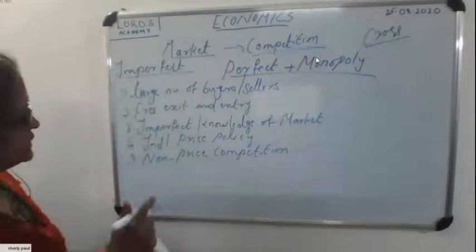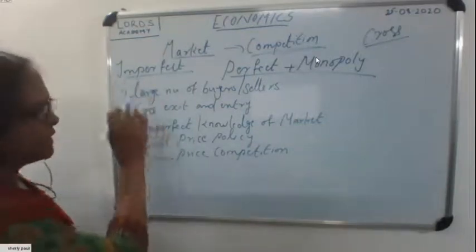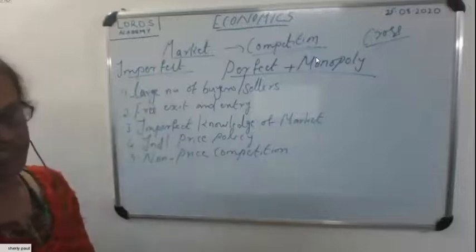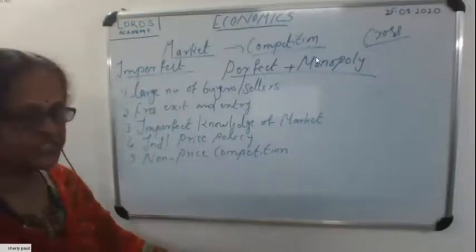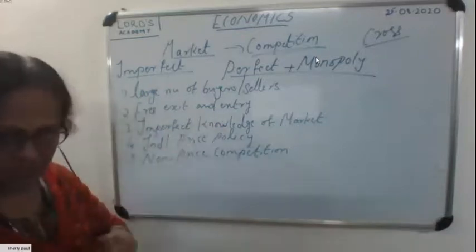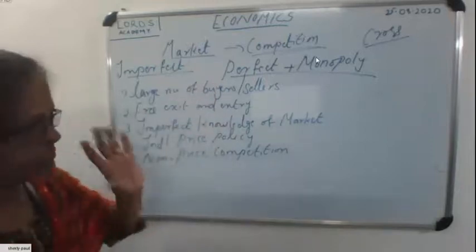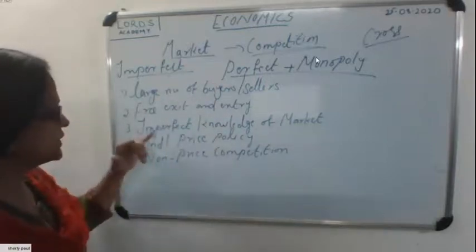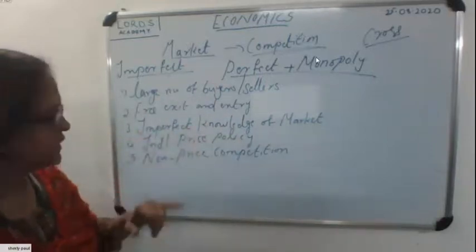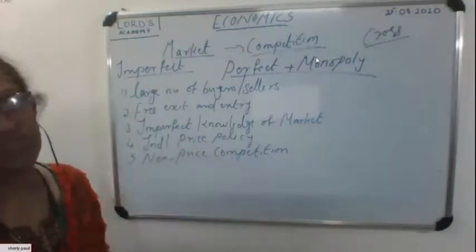Here, in non-price competition, we are going to study the product. Mainly, in a monopolistically competitive market, there are a large number of buyers, which is one characteristic; another one is free exit and entry. I am informing this because there may be some confusion. Then the third one is imperfect knowledge of the market, then individual price policy, and non-price competition.